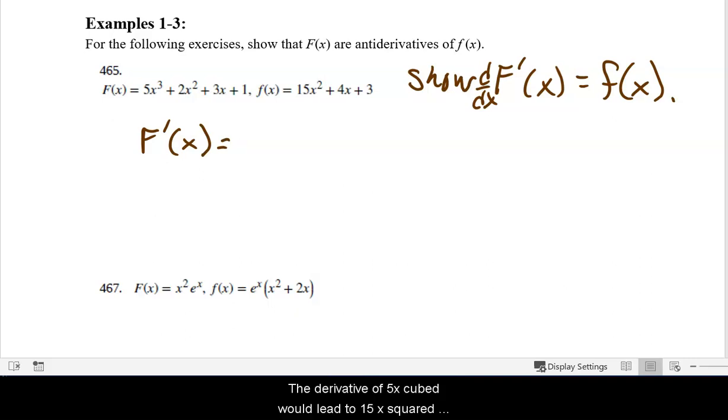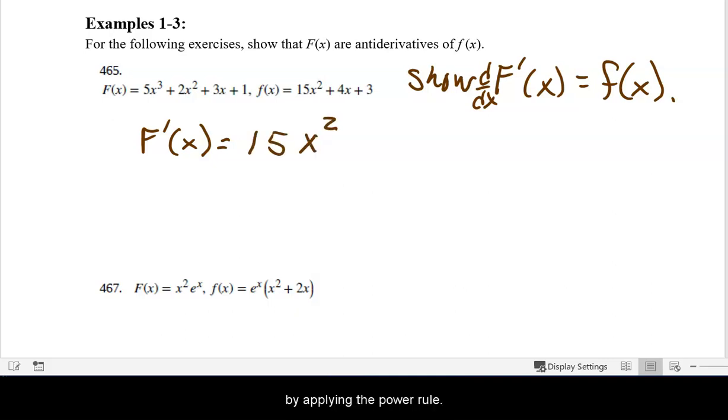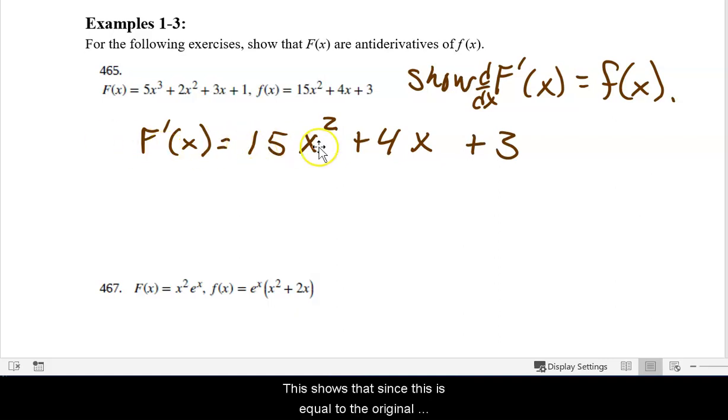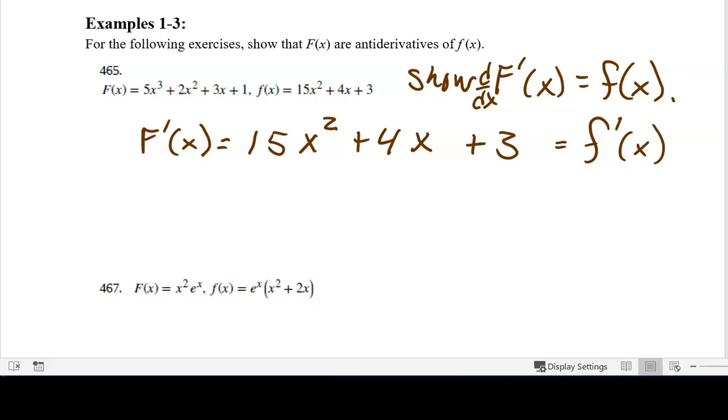The derivative of 5x cubed would lead to 15x squared by applying the power rule. The derivative of 2x squared would lead to 4x, and the derivative of plus 3 would give me 0. This shows that since this is equal to the original lowercase letter f, this does prove that capital letter F is an antiderivative function of lowercase letter f of x.